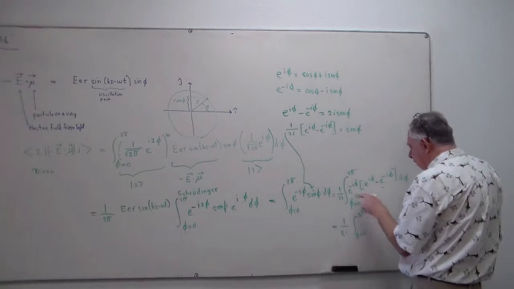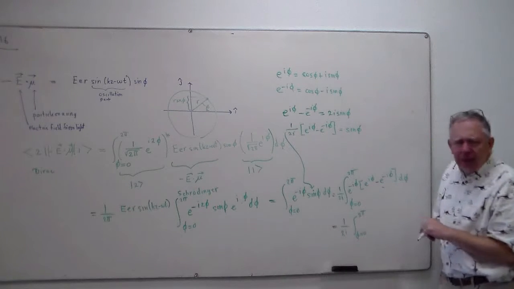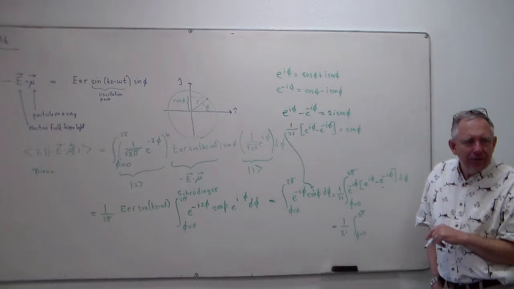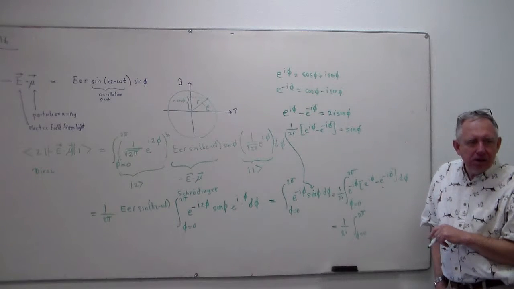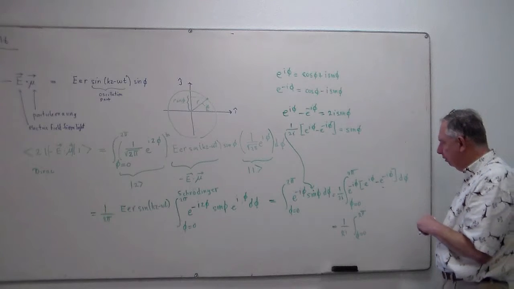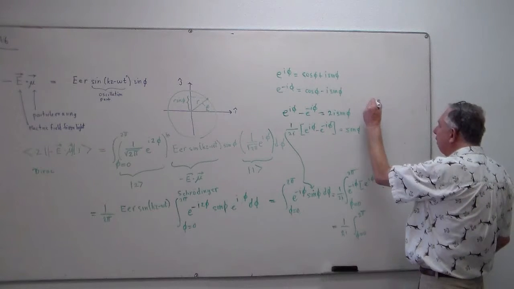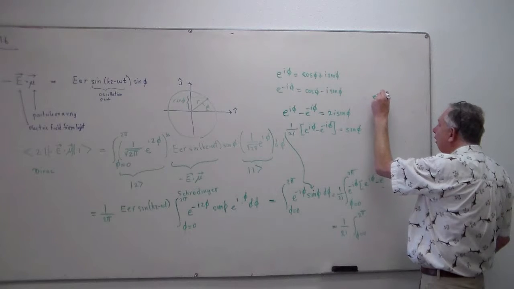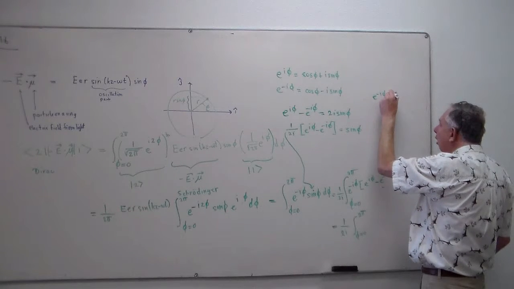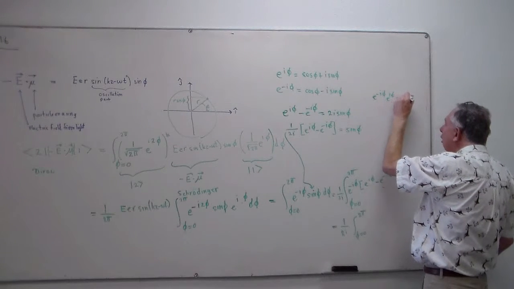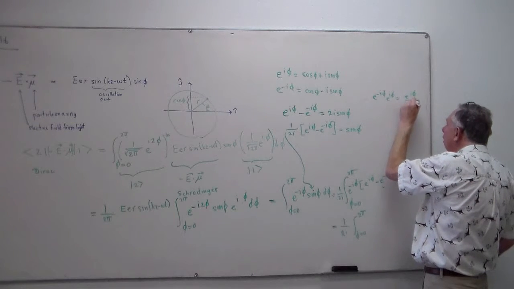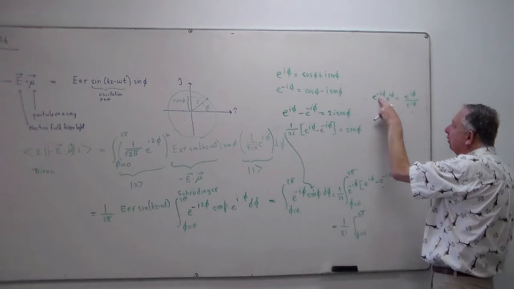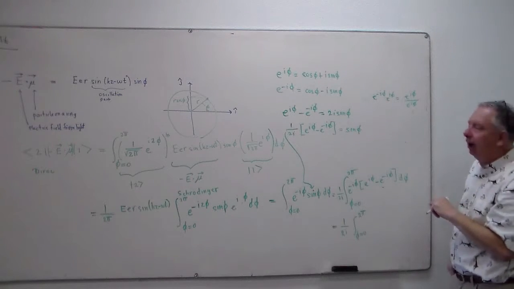And now, what's e to the minus I phi times e to the plus I phi? E to the minus I phi is 1 over e to the I phi.